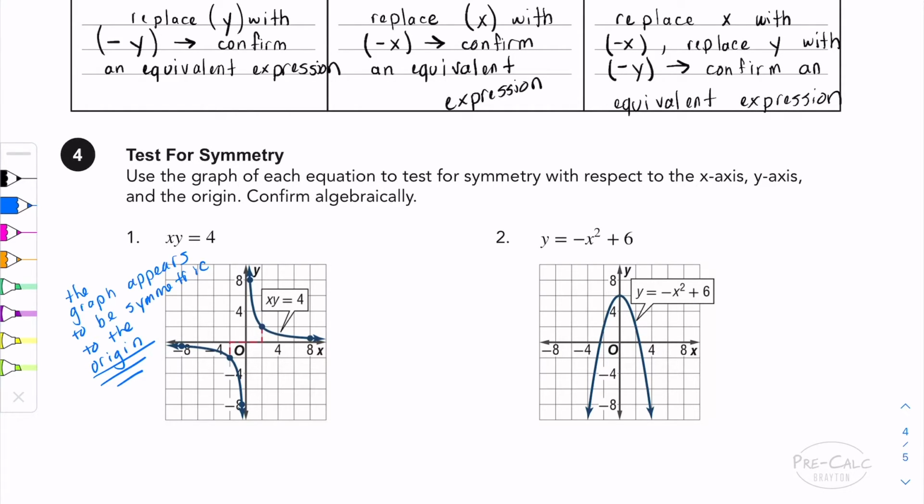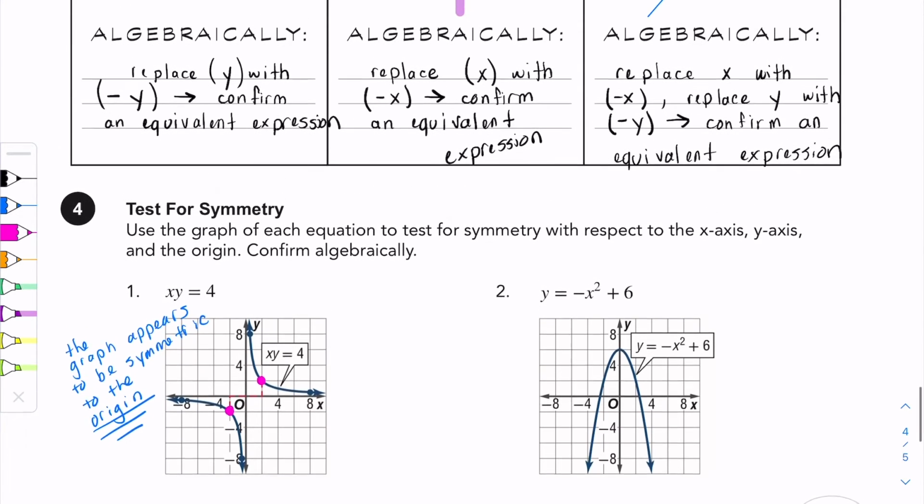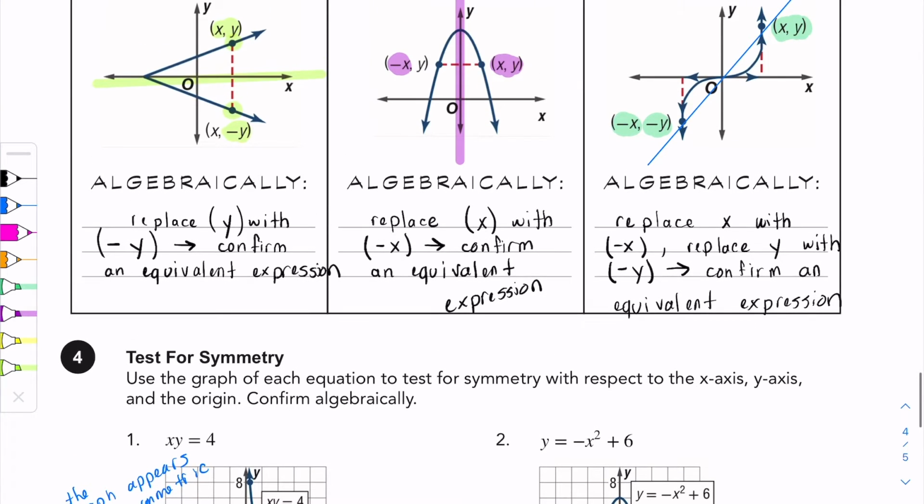I'm also going to notice that there's a point right here, which is at 2, 2. And this point right here is at -2, -2. That follows this pattern. I also just realized that I drew this line incorrectly.